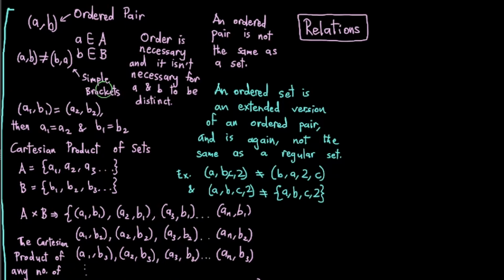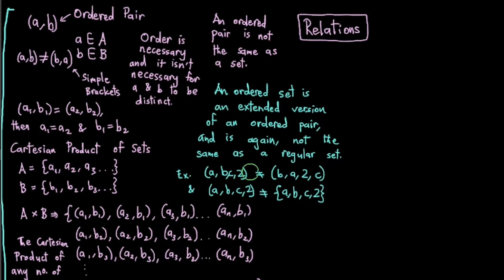An ordered pair is not the same as a set, and an ordered set is an extended version of an ordered pair and is again not the same as a regular set. Example: (A, B, C, 2) is not the same as (B, A, 2, C). These are not the same things.